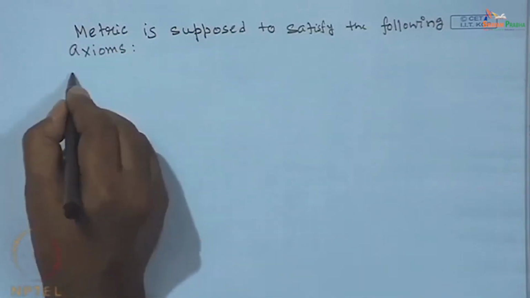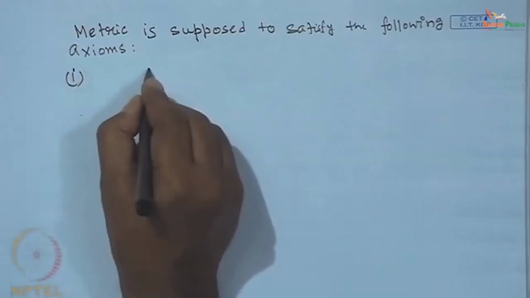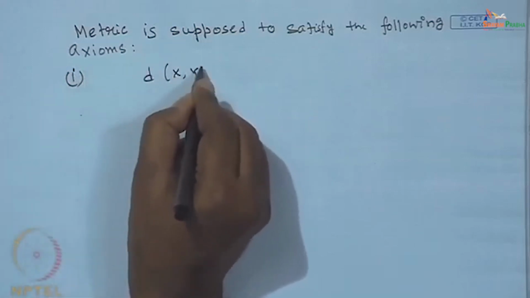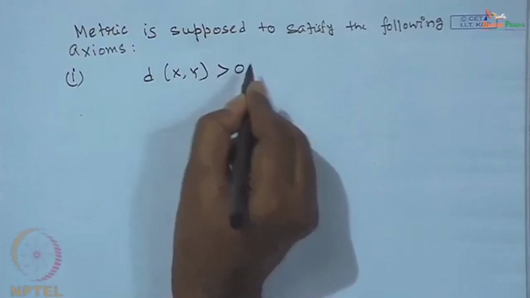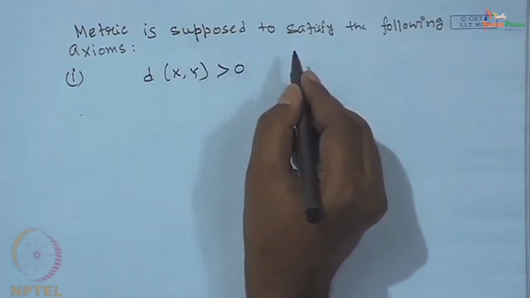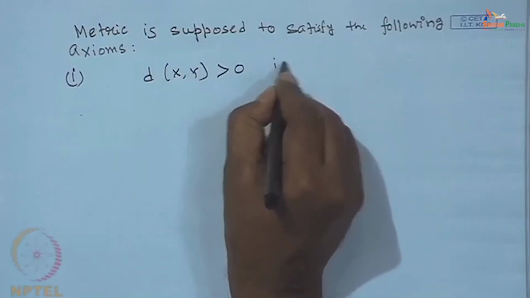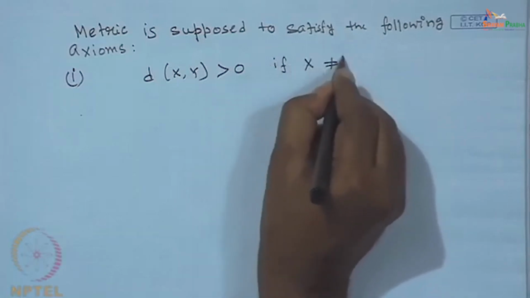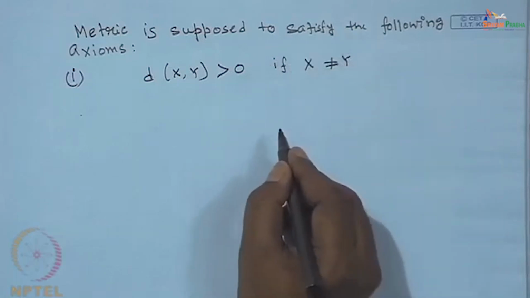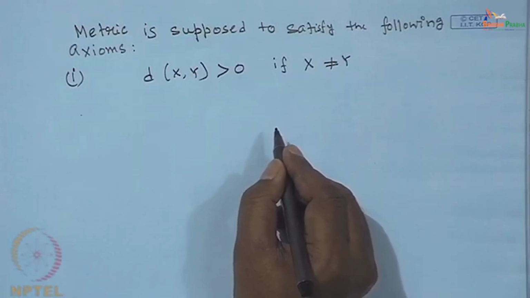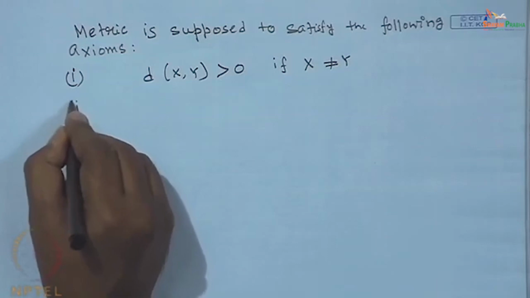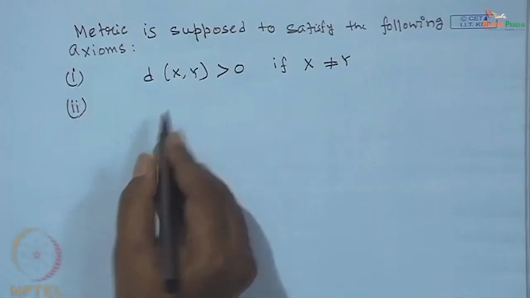What are these rules? The first axiom is that, as I said earlier, the metric between two vectors x and y will always be greater than 0 if x is not equal to y. That means, if they are not identical vectors, then there will be a definite distance or displacement present between the two vectors x and y.